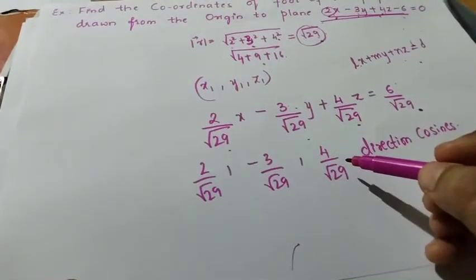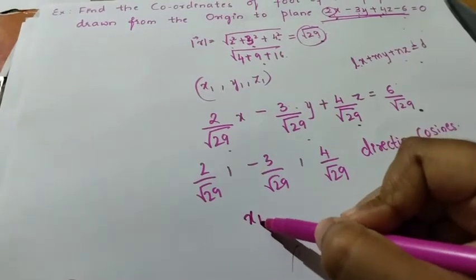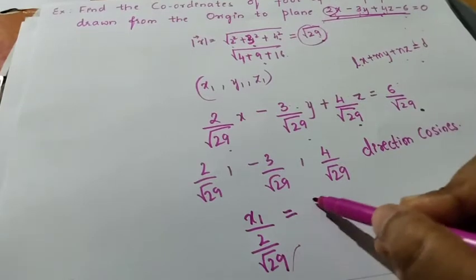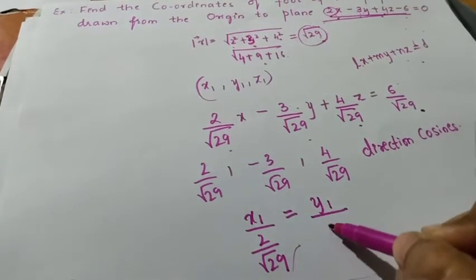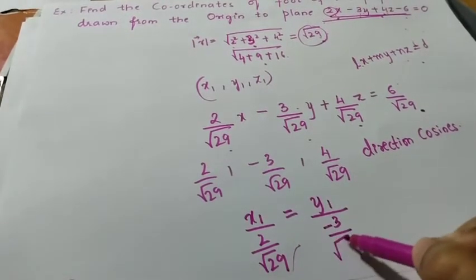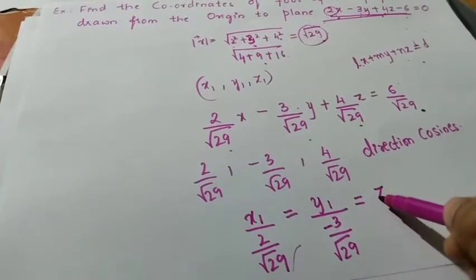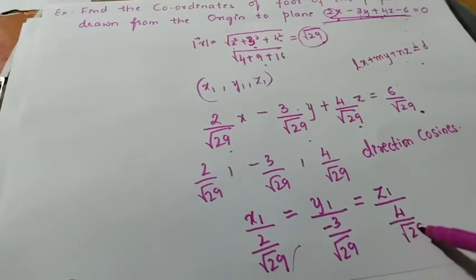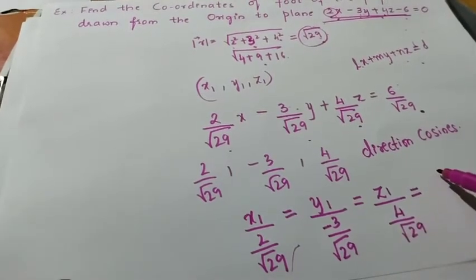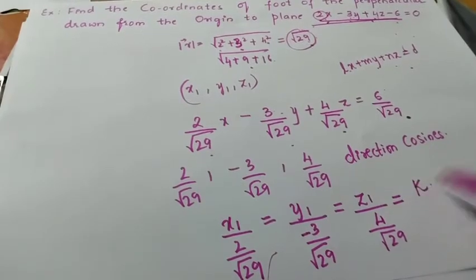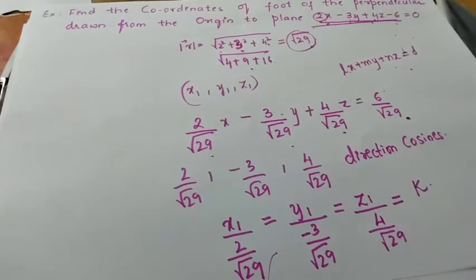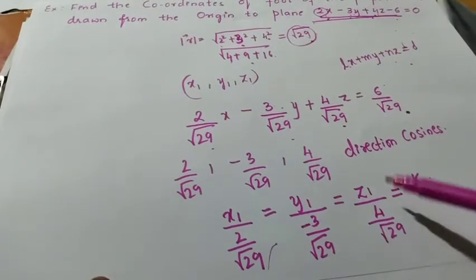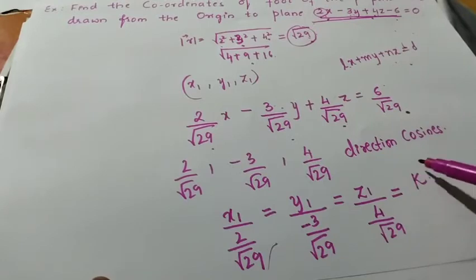So I can write x1 divided by 2 by root 29 is equal to y1 divided by minus 3 by root 29 is equal to z1 divided by 4 by root 29 is equal to K, some constant. Because I don't know the value of that constant, I take it as K. To find x1, y1, z1, you should know the value of K.